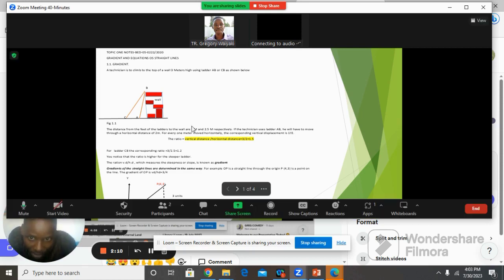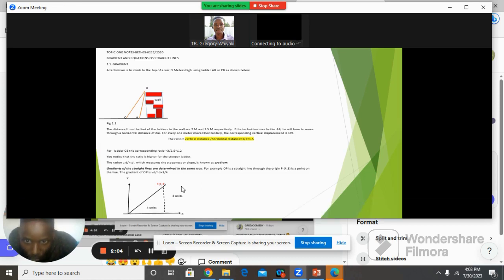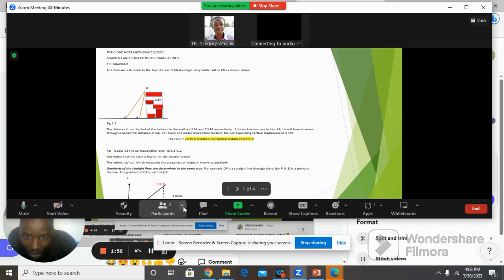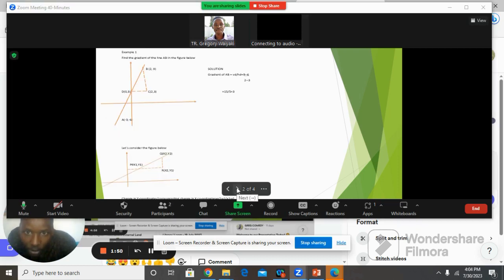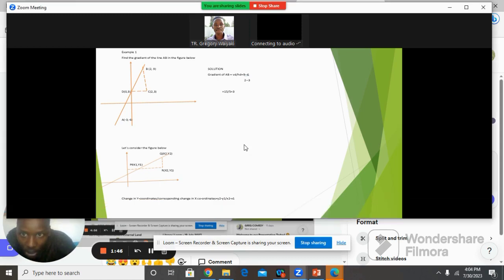We have the vertical distance as 3 units, and the horizontal distance as 4 units. Therefore, the gradient is 3 divided by 4.